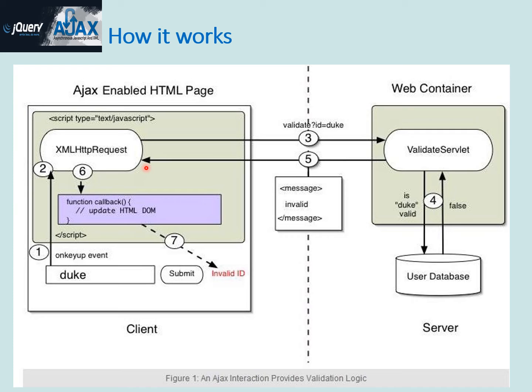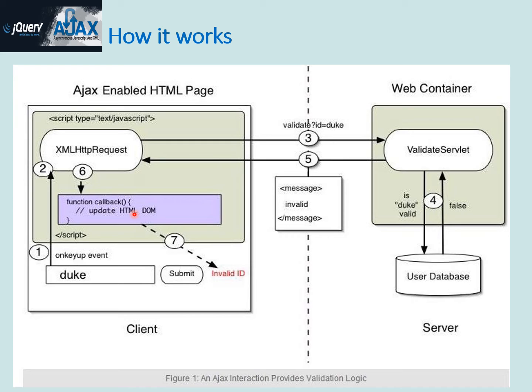So in the script part, this HTTP response will be taken, it retrieves the corresponding response object, and a function callback will happen.